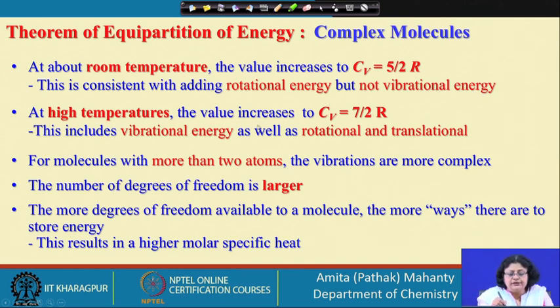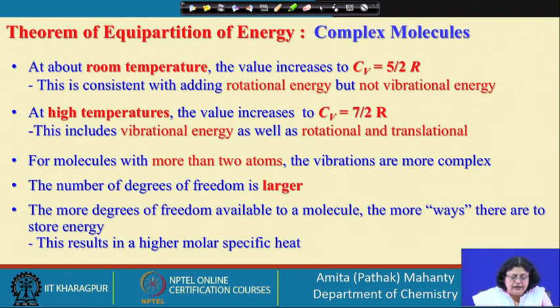At high temperatures, the value increases to CV equal to 7/2 R, that is, we include the vibrational energy as well as the rotational and translational. For molecules with more than 2 atoms, the vibrations are more complex, and the number of degrees of freedom is larger. The number of degrees of freedom available for a molecule, the ways in which they can store energy, results in higher values of molar specific heat.